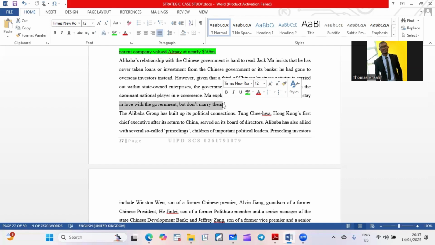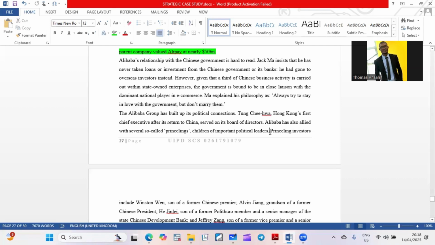Sun Chin-han, Hong Kong's first chief executive after its return to China, served on the board of directors. Alibaba has also allied itself with several so-called princelings, children of important political leaders.